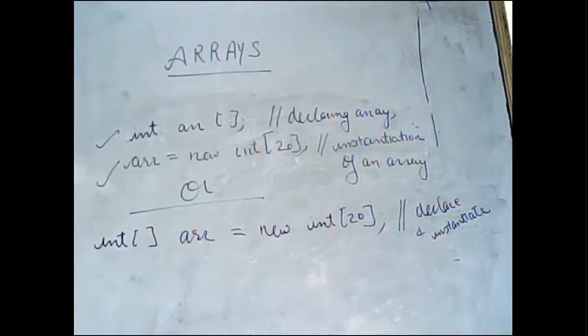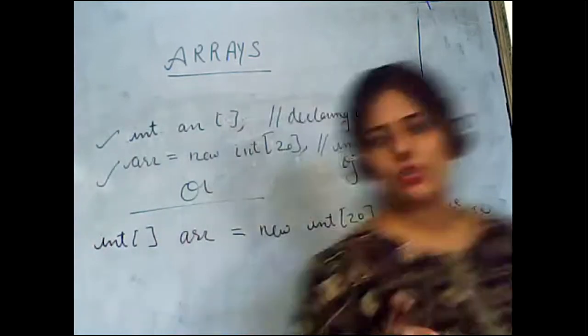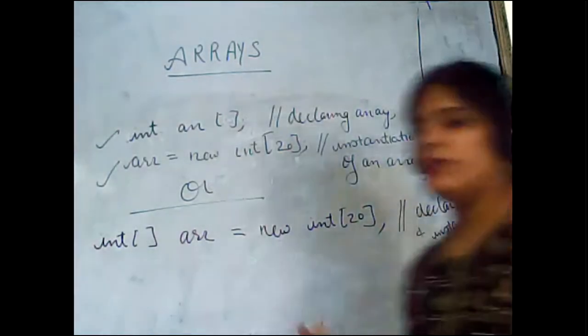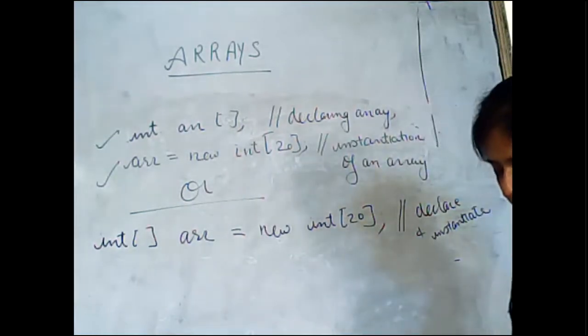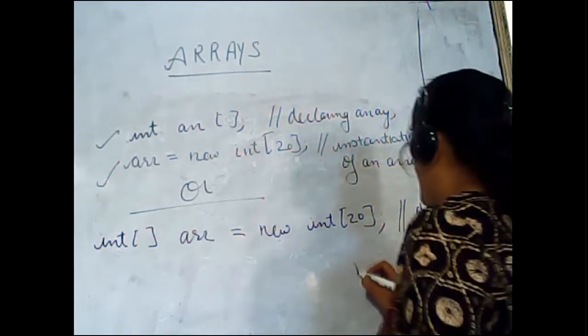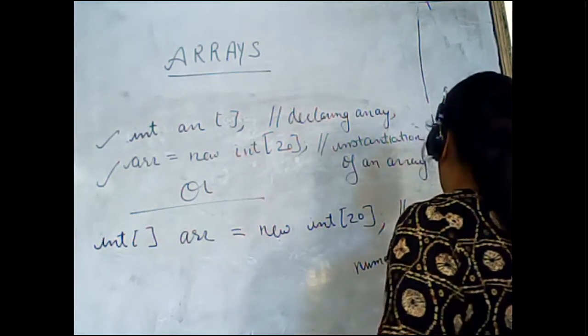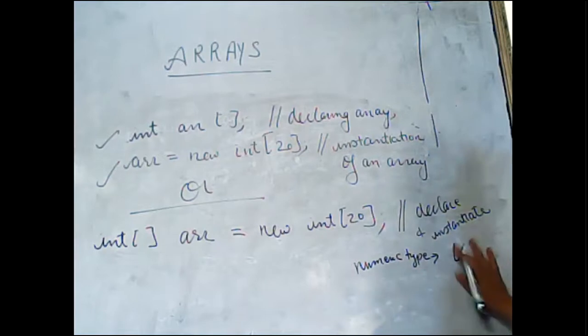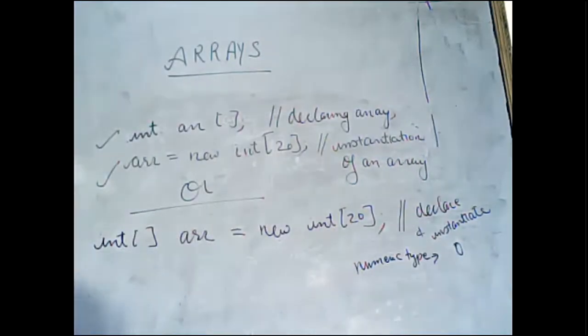When we use this new operator, some memory allocation will happen. So what will be the default value for that? If we are using a numeric type, then by default it will start from 0.